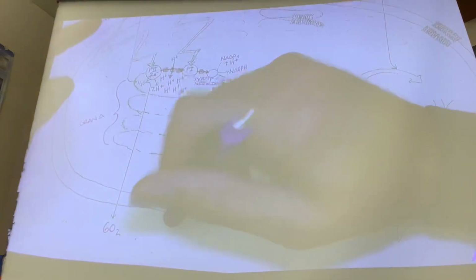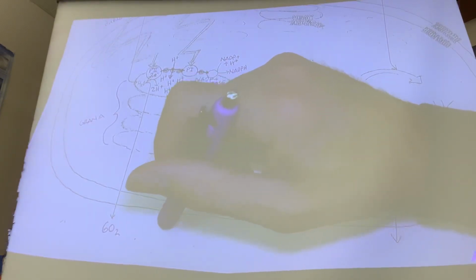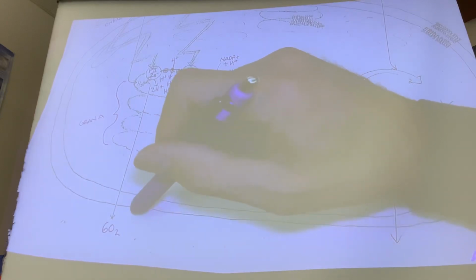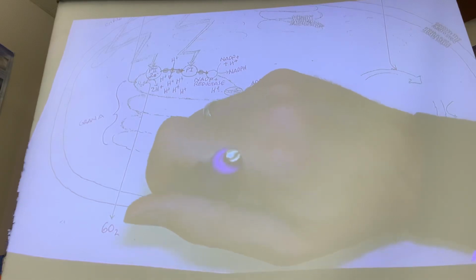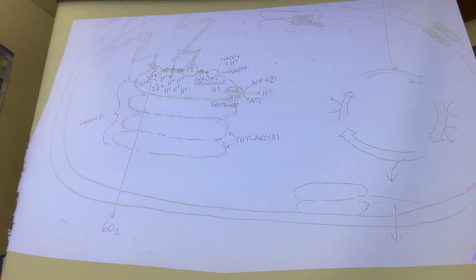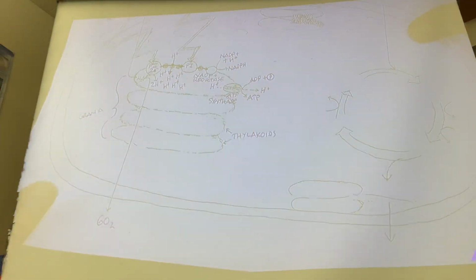Now that oxygen, when it gets out here into the plant cell, it can be used by the plant to do cellular respiration, but there's so much of it being produced that the plant doesn't use it all. And so we get the benefit of that, right? The excess oxygen just diffuses out of the plant and into the atmosphere.